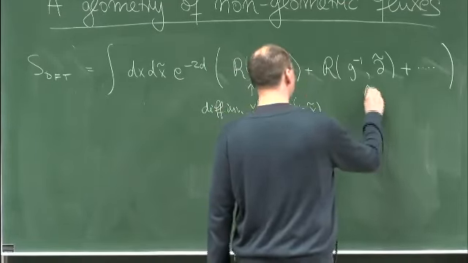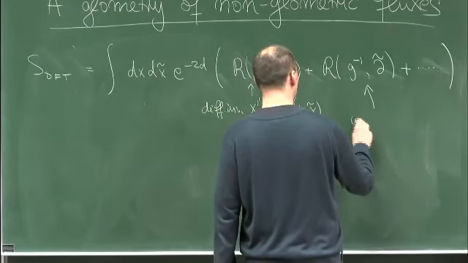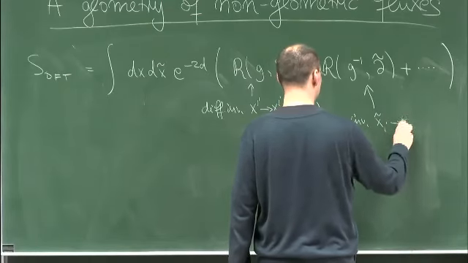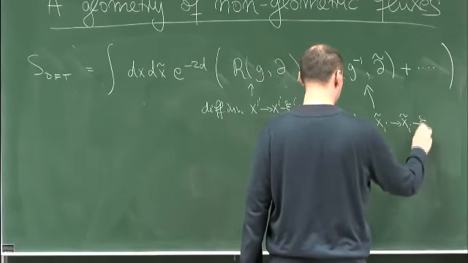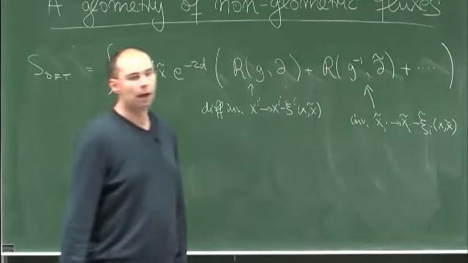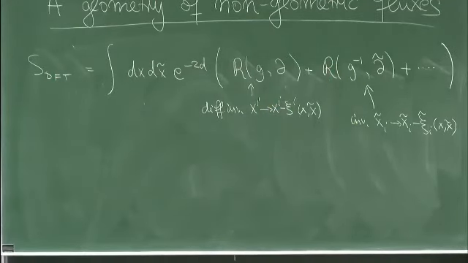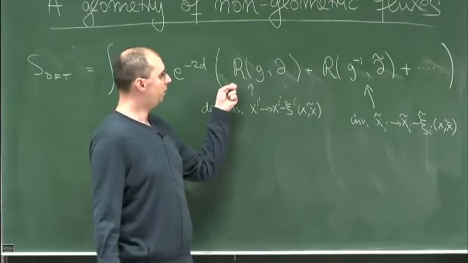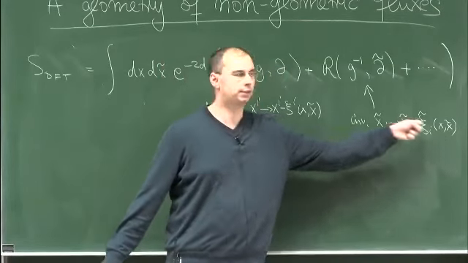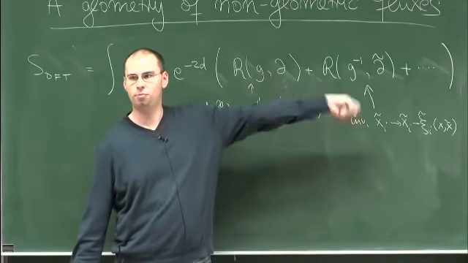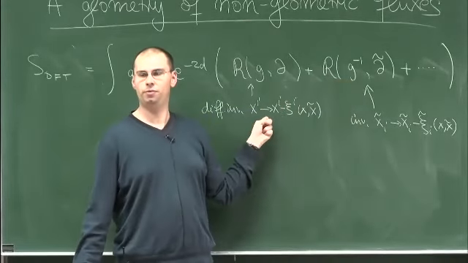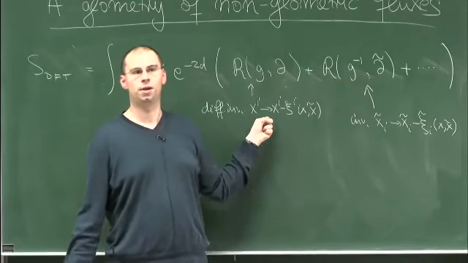And similarly, the second term is invariant under dual diffeomorphism. So x tilde I goes to x tilde I minus psi tilde I of x and x tilde. But the standard Einstein-Hilbert term will not be invariant under the dual diffeomorphisms, because the parameter depends also on x, so the standard derivatives here will hit the parameter, it's not invariant. And similarly, the second Einstein-Hilbert term will not be invariant under the first diffeomorphism groups.